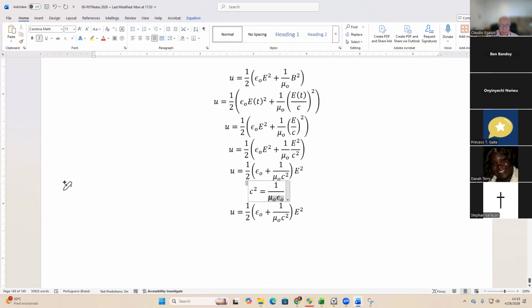So when I replace c right here in this equation, I get something like that. And the energy density becomes easier: epsilon naught E squared, like that.